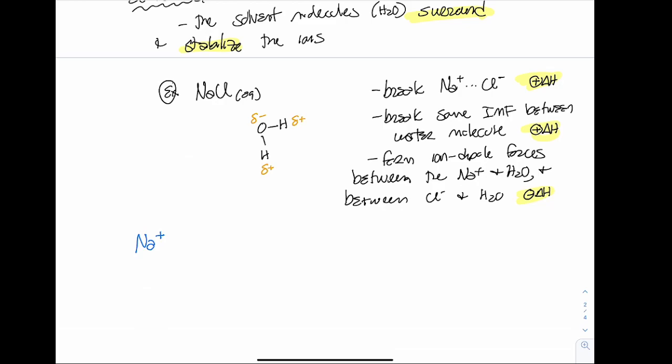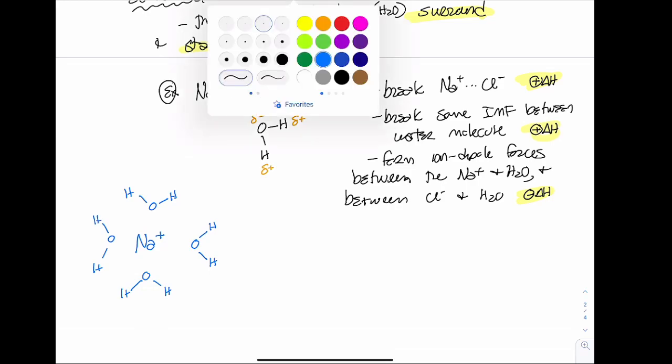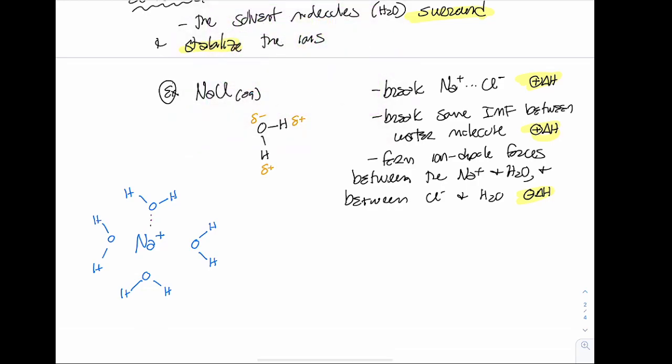The positively charged sodium is going to be attracted to the partial negative end of water. So I'm going to draw my water in this direction, and I'm literally going to surround it. So we would say it's solvated, right? I'm surrounding my ions with my solvent molecules. And then I can draw a dotted line to represent those ion dipole forces between the sodium ion and the partial negative of water.